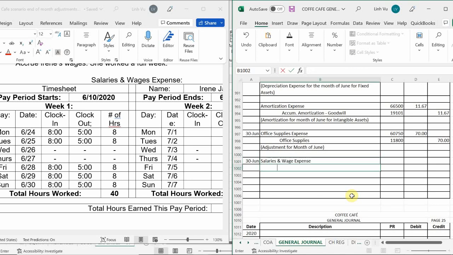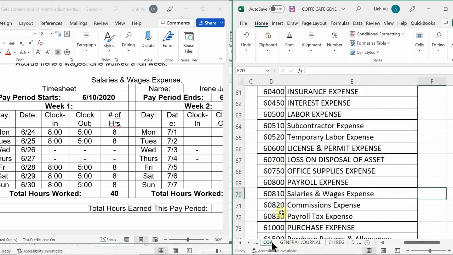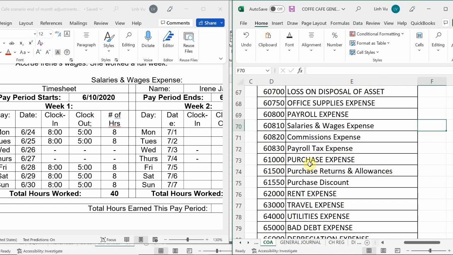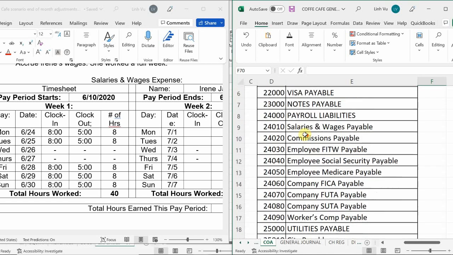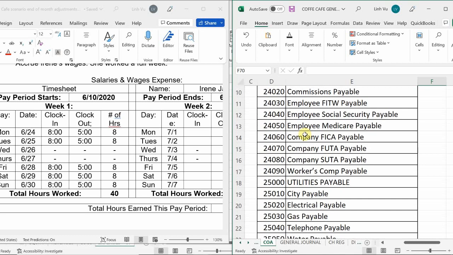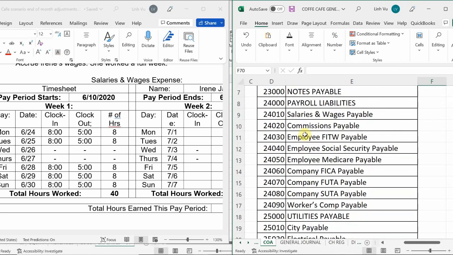With a salaries and wages payable. So in this case, let me take a look at what those accounts are. Salaries and wages expense is 6810, while payroll is 24, should be 2410.